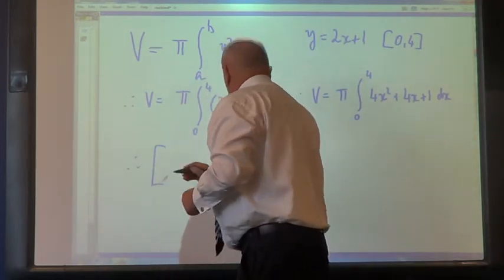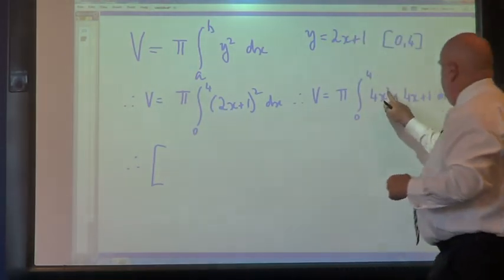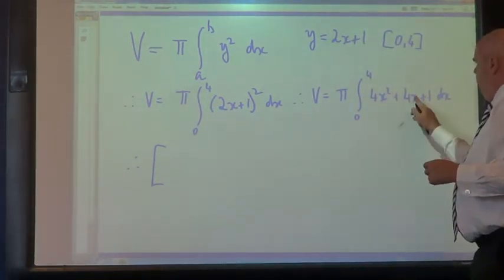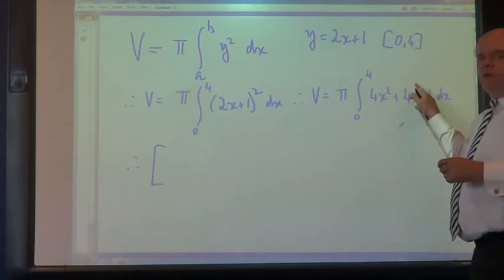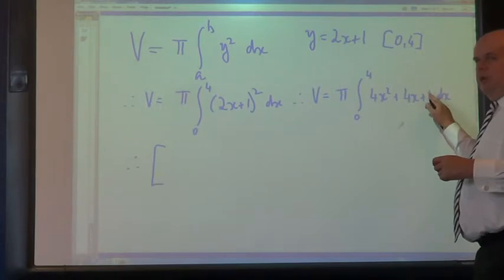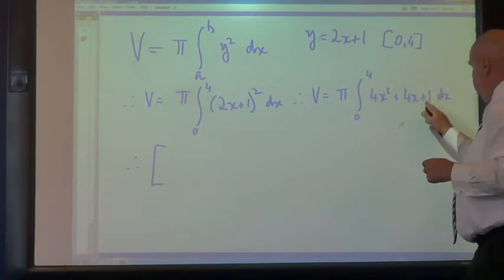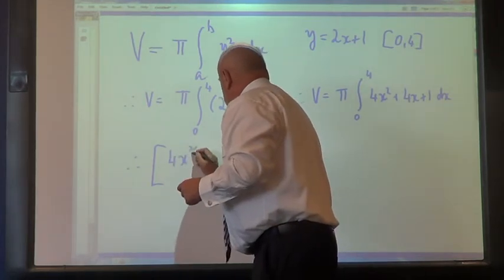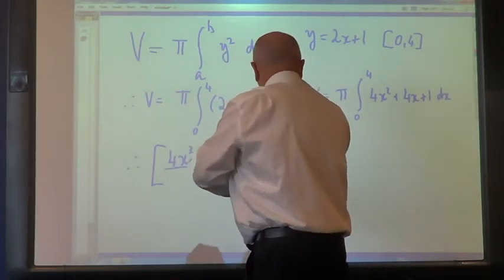We're opening with square brackets, of course. Raise the index by 1, divide by the new index. You can't see an index there, but there's an invisible 1. And for any constant, you just attach an x to that constant when you integrate it. So, long story short, we've got 4x cubed over 3.